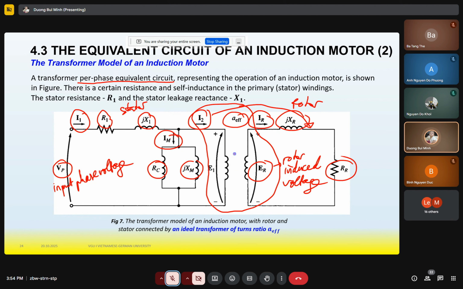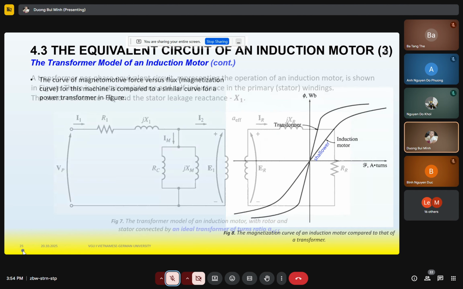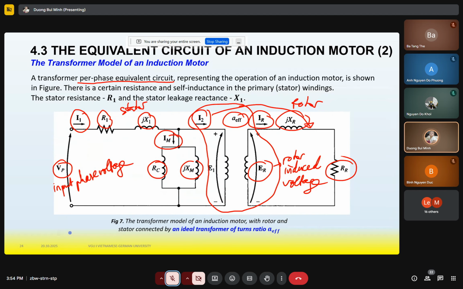If you would like to combine the stator and rotor together, we need to make sure E1 equals ER. If we have the same voltage between this terminal and this terminal, we can combine the stator and rotor circuit.